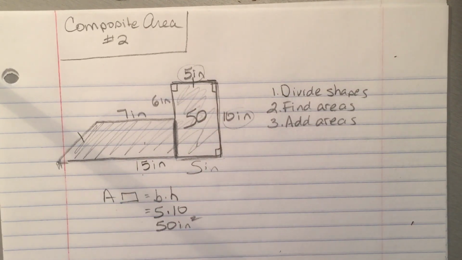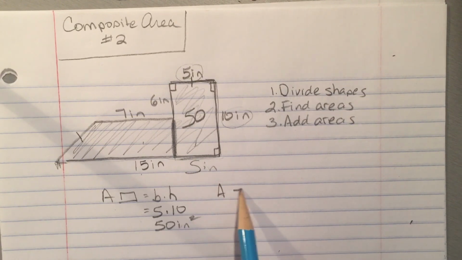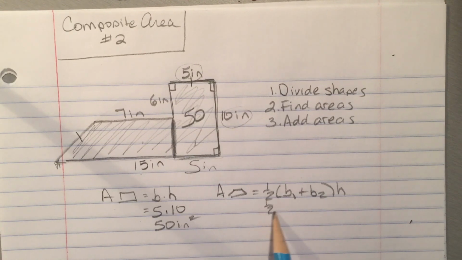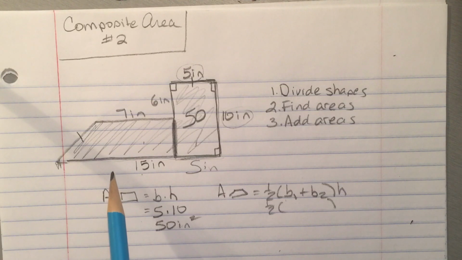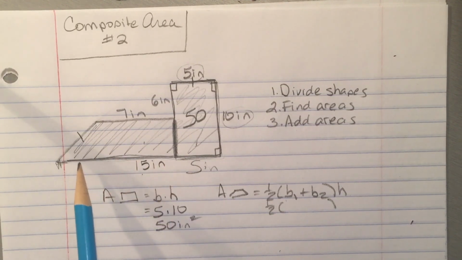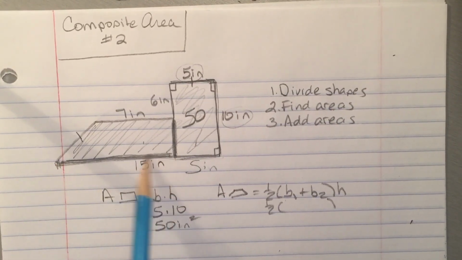Now I just need to find the trapezoid. Remember that the area of a trapezoid is equal to 1/2 times base 1 plus base 2 times the height. Now, which one is base 1 and which one is base 2? Doesn't matter as long as we get both of them in here. Is this base right here equal to 15?